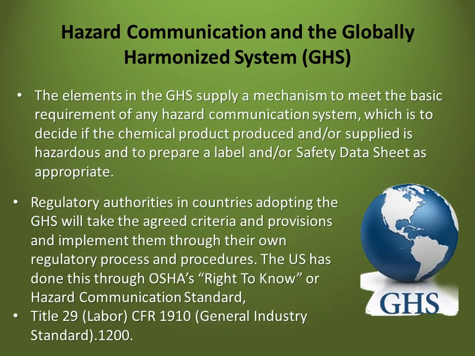The elements in the GHS supply a mechanism to meet the basic requirements of any hazard communication system, which is to decide if the chemical product produced and/or supplied is hazardous, and to prepare a label and/or safety data sheet as appropriate. Regulatory authorities in countries adopting the GHS will take the agreed criteria and provisions and implement them through their own regulatory process and procedures.